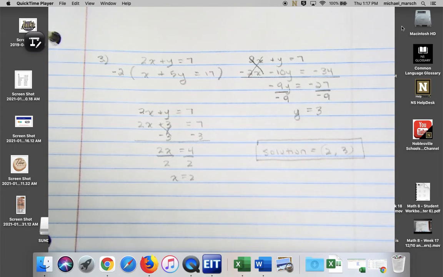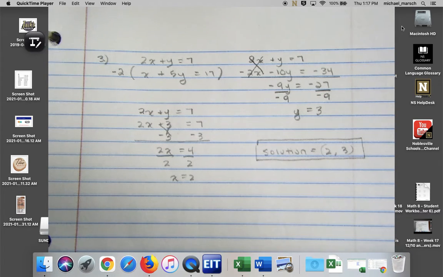They're the same equations, but you just need to find y for one and x for the other.